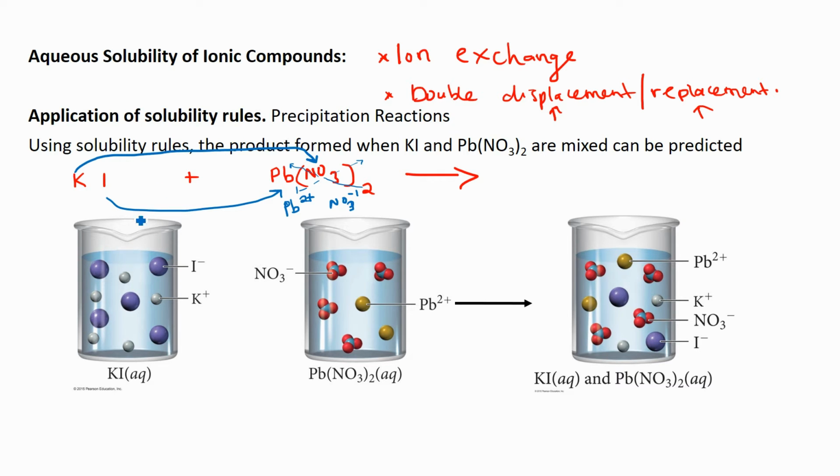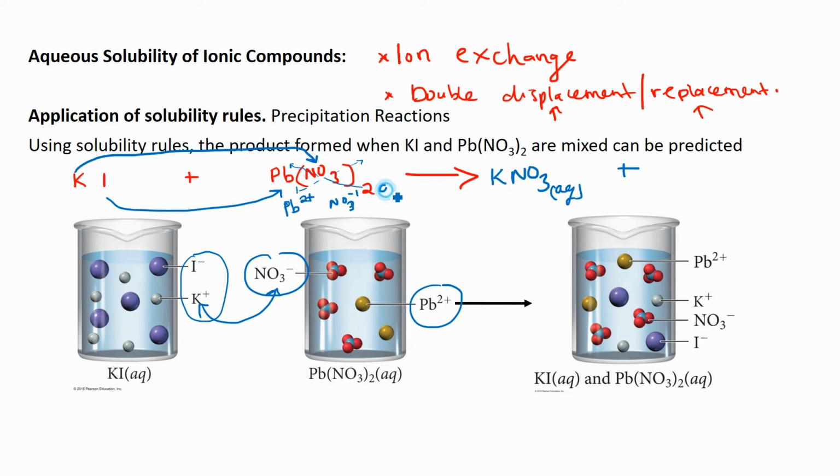So that's why you see KI written as K plus, I minus, and then you'll see lead written as Pb2 plus and NO3 minus. You can imagine combining K plus and nitrate, the charges are in a 1-to-1 ratio. You're gonna get potassium nitrate, KNO3. All nitrates are soluble, so we give it aqueous.